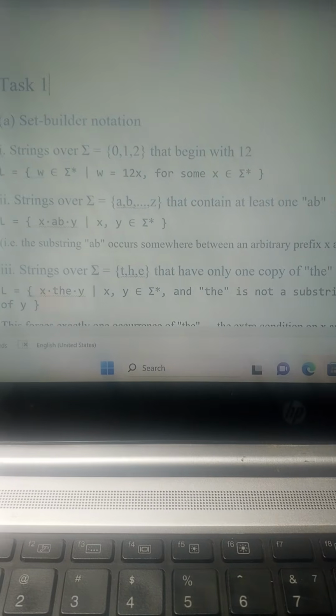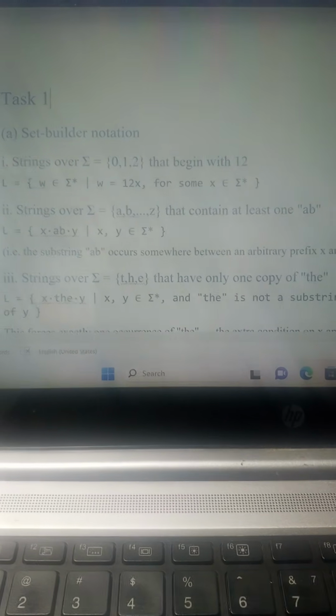That means it can be anything, like 1, 2, 0, 1, 2, 2, 0. Just note that it has to start with 1 and 2.